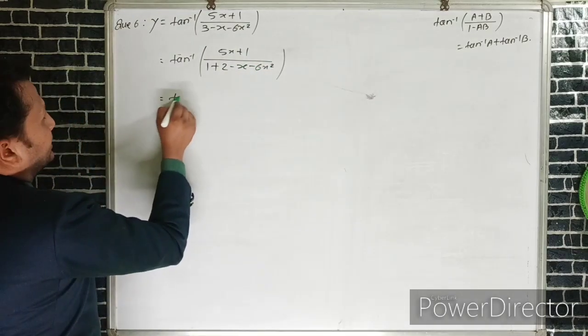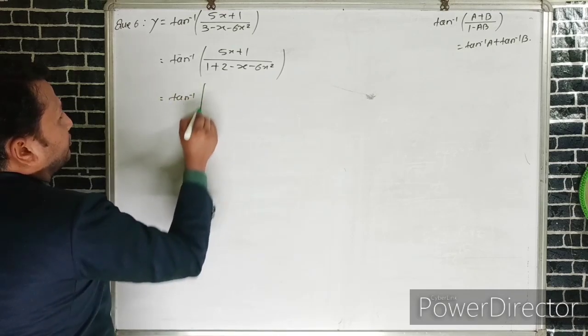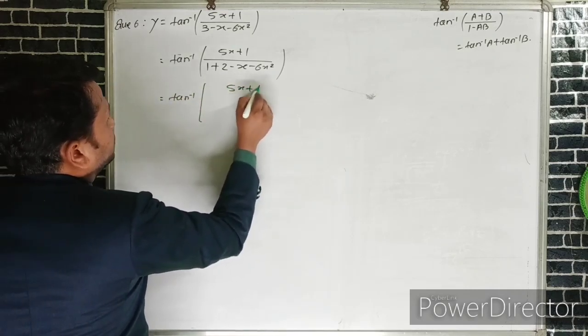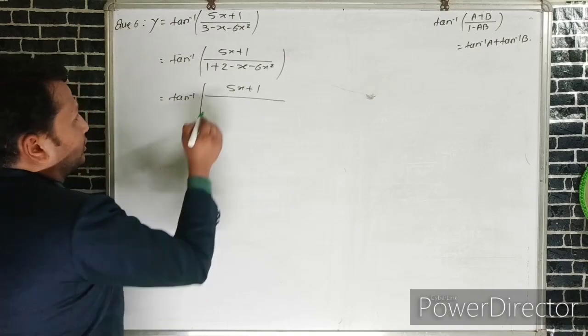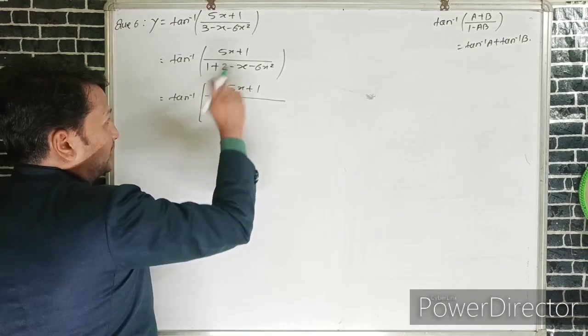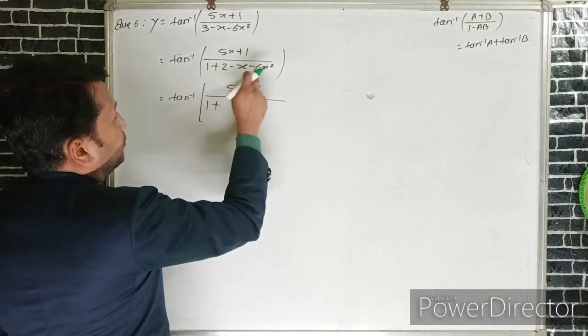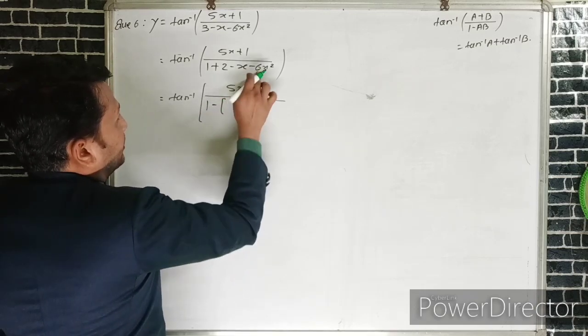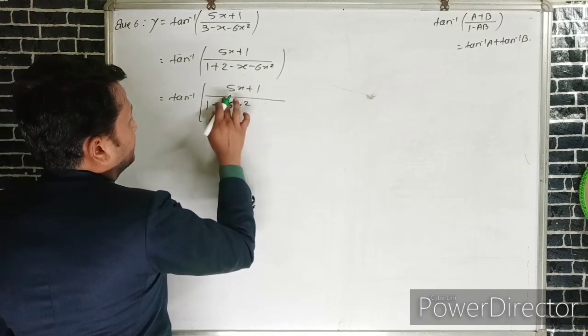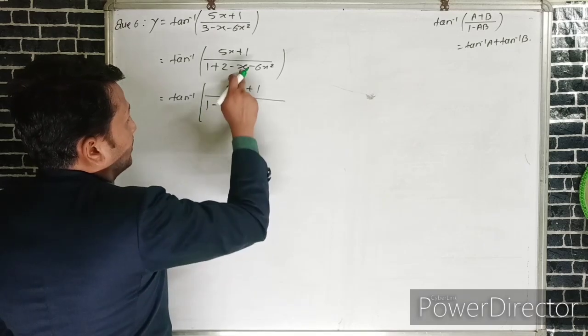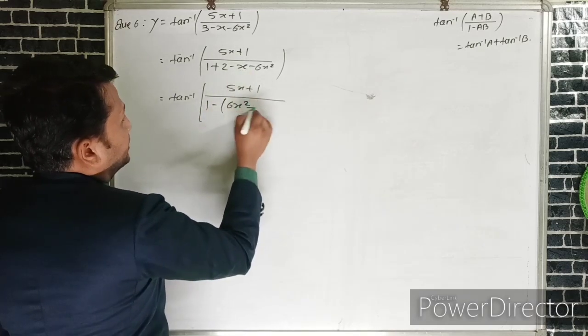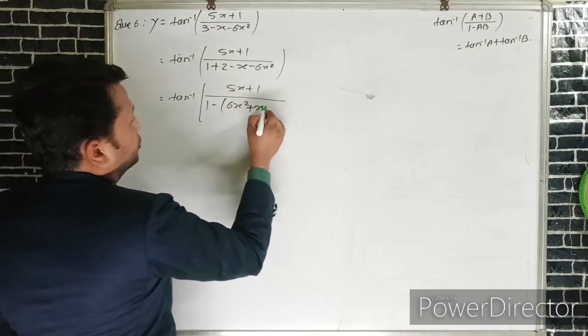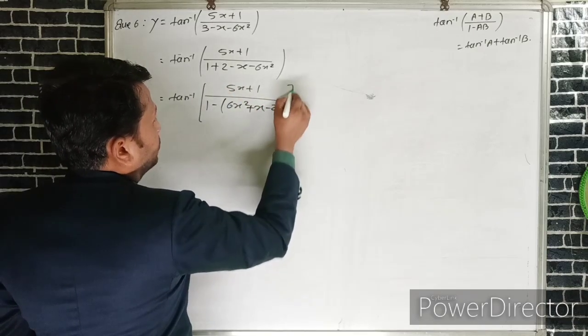Now again we can write tan inverse of 5x plus 1 as it is upon 1 plus, if we take the minus sign common, then we can write 6x square minus x plus 2 converted into minus 2.